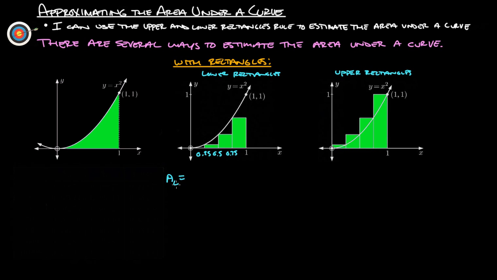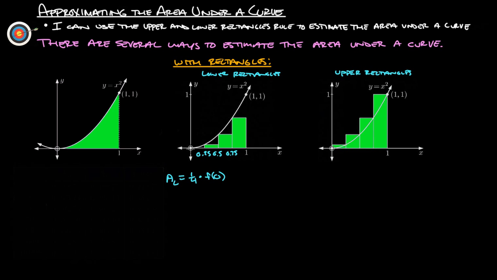A subscript L, which means the area using lower rectangles, is going to be the area of a rectangle, which is base times height. The base here, for this empty one, is from 0 to 0.25, so that's 1/4, times the function at 0.